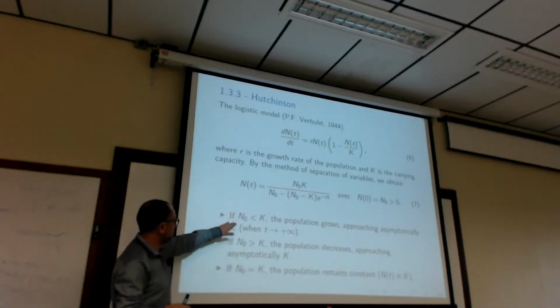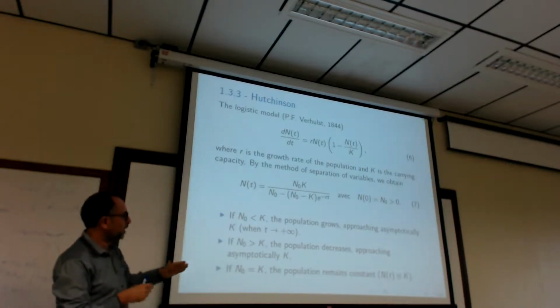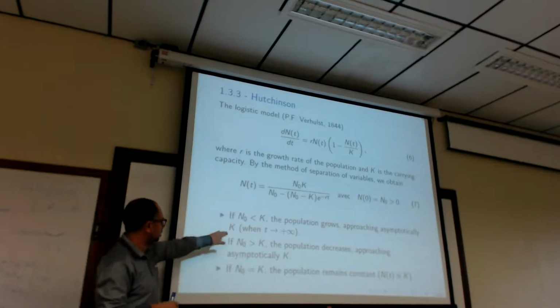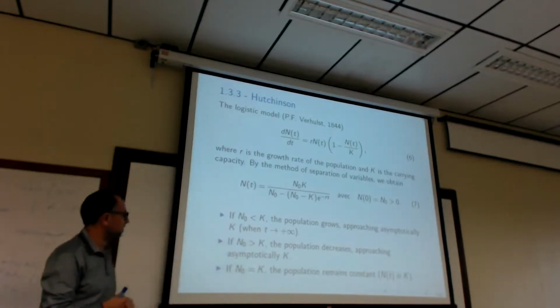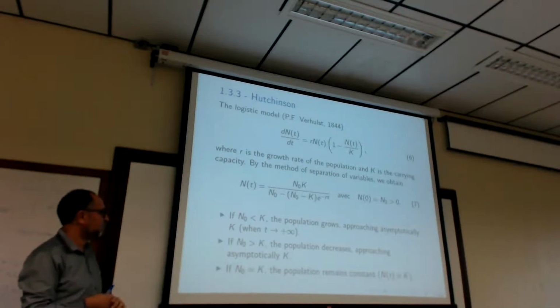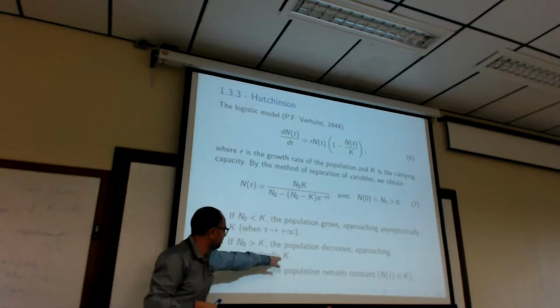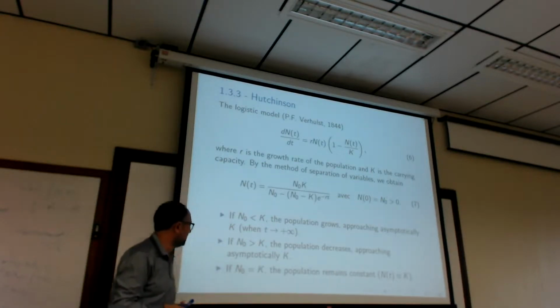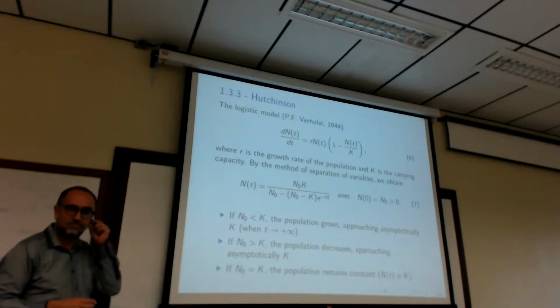Here, if the initial condition is less than the carrying capacity, the population will grow and go to k. And if n0 is greater than k, the population will decrease and go to k. And of course, if n0 equals k, the population remains constant.